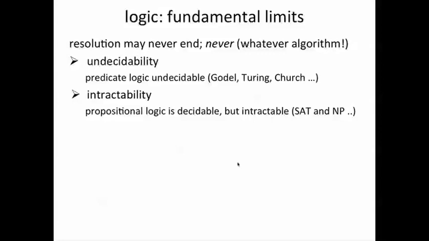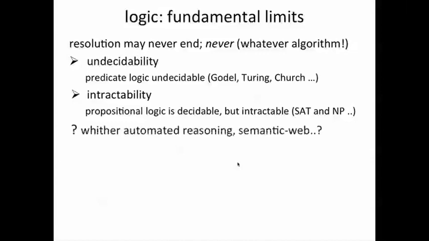The point about covering some of these important results in logic and undecidability and computational complexity and intractability is not that they are critical for web intelligence, but just to remind us that if we have a vision such as the semantic web, where we would like to have automated reasoning at web scale, then we will probably come across some of these issues during such an exercise, because we'll have lots of facts and lots of rules.